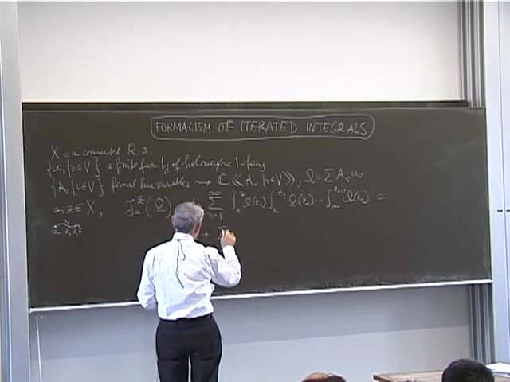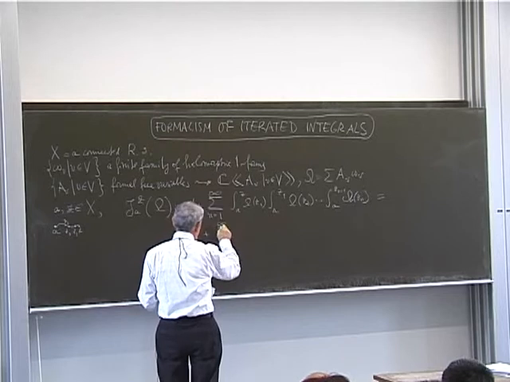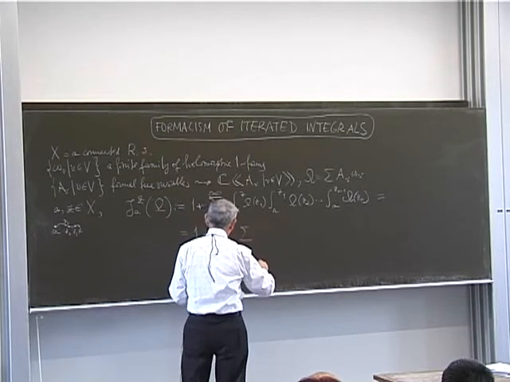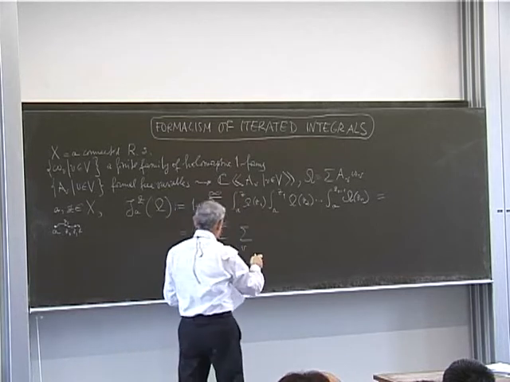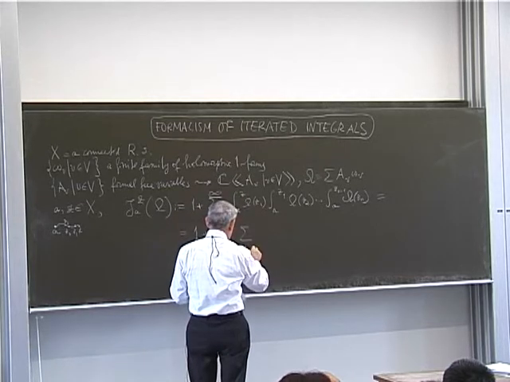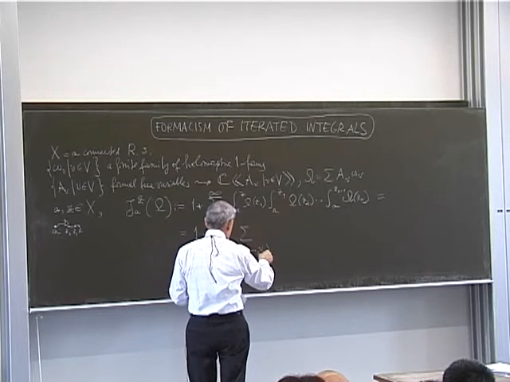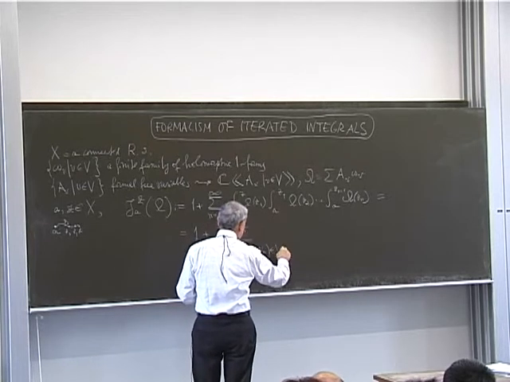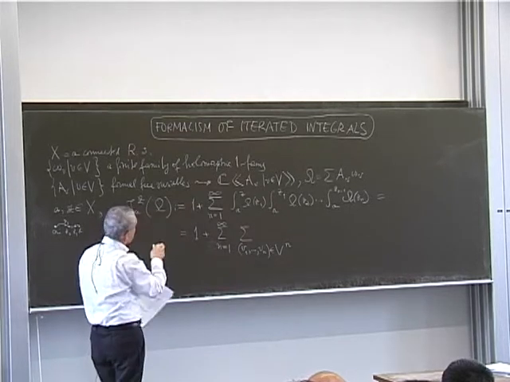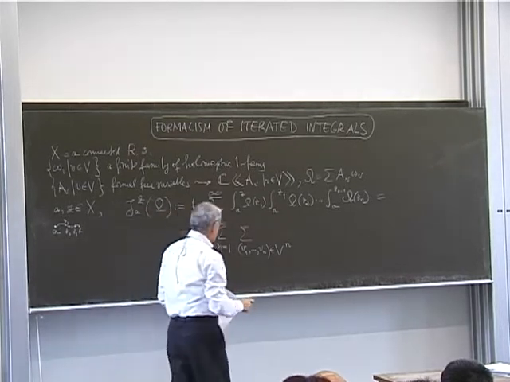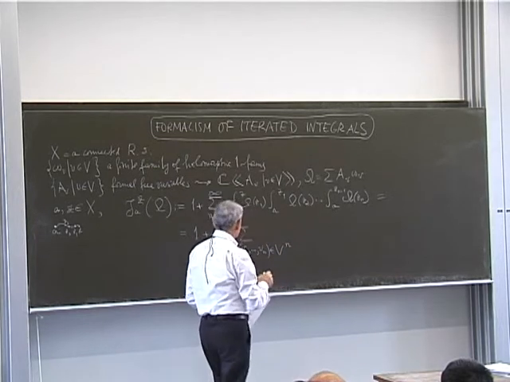I am summing over all n, and then I am summing over all monomials in AVs of degree n. So I'm taking all sequences of V. V is just a finite set which doesn't have any special meaning.